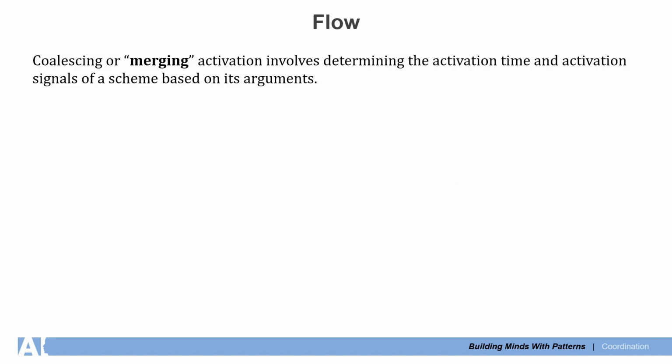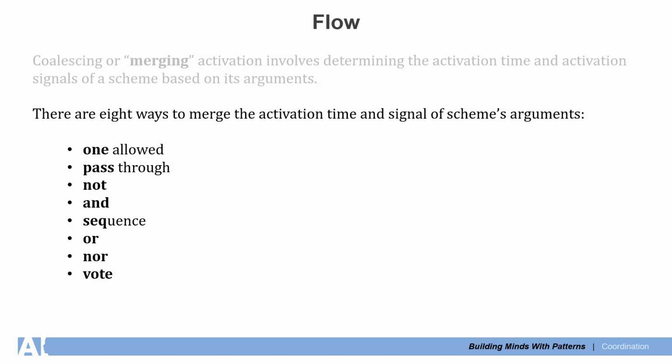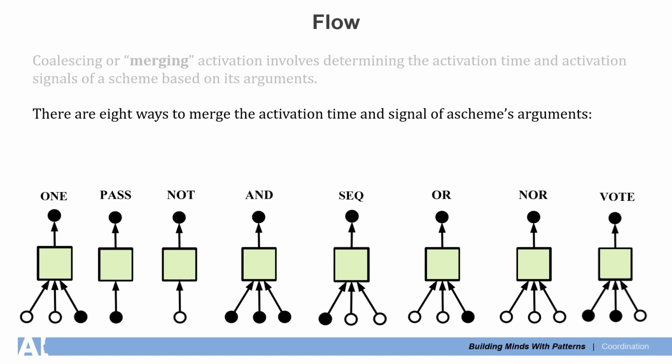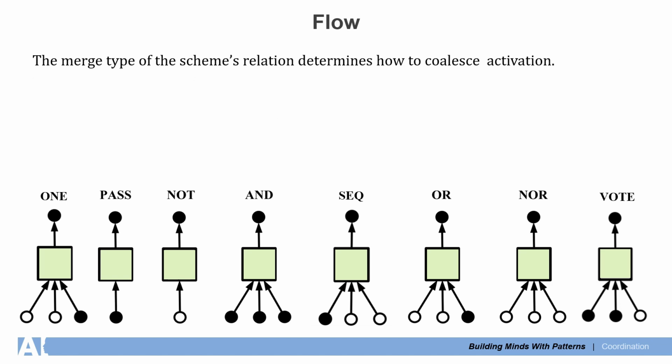Coalescing or merging activation involves determining the activation time and activation signals of a scheme based on its arguments. There are 8 ways to merge the activation time and signal of a scheme's arguments: 1 allowed, pass-through, not, and, sequence, or, nor, vote. The merge type of the scheme's relation determines how to coalesce activation.